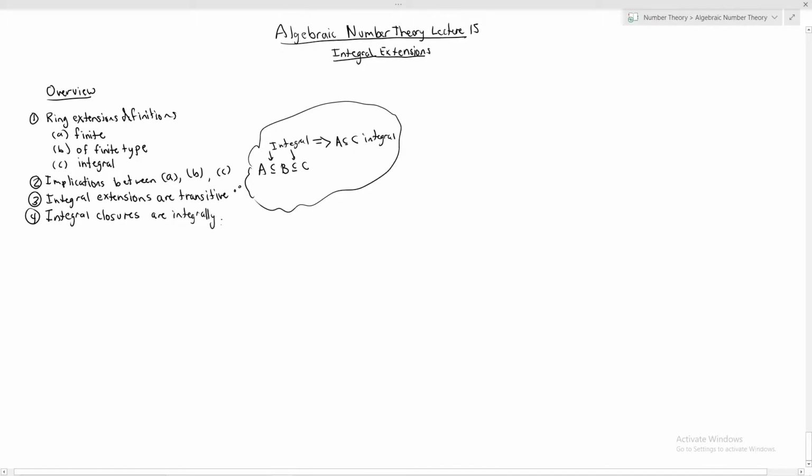Kind of a weird statement. So what do I mean by this? I mean, if you take like your ring of integers in your favorite number field, that's actually an integrally closed ring. So at this moment, we don't actually know that, that I can't just keep taking integral closures over and over again.